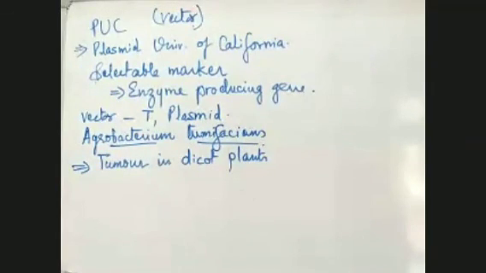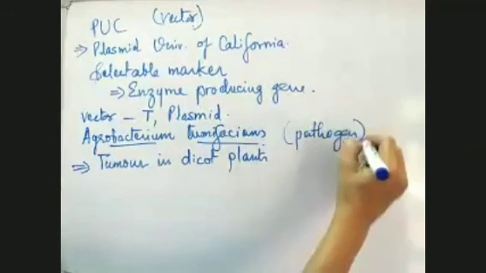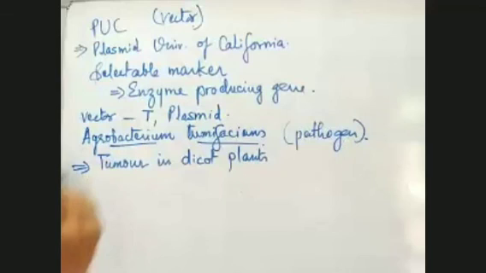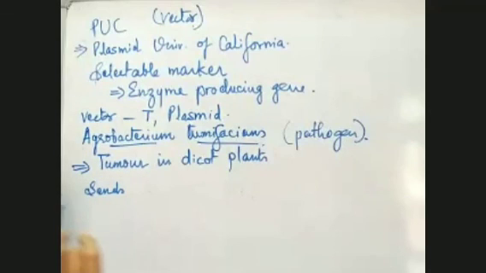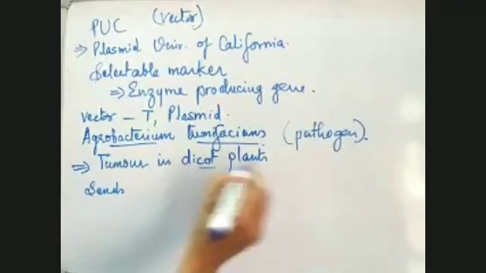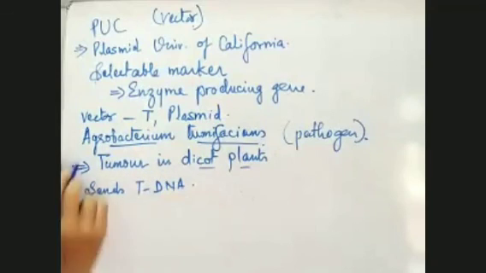Now, how does it cause tumors? This Agrobacterium tumefaciens is a pathogen. How does it cause tumors in dicot plants? What it does is send its DNA in. That DNA which it inserts in the plant cell is known as T-DNA, or transfer DNA.